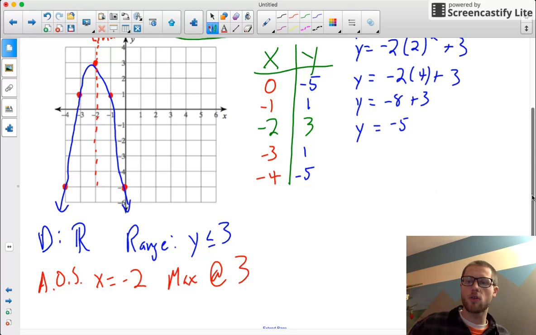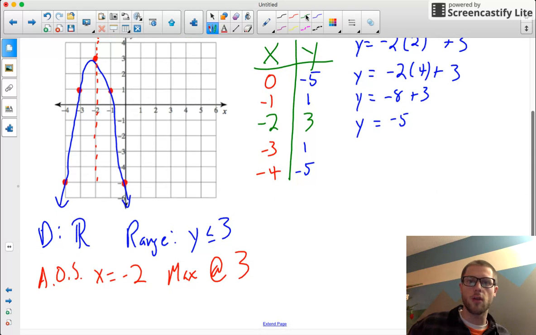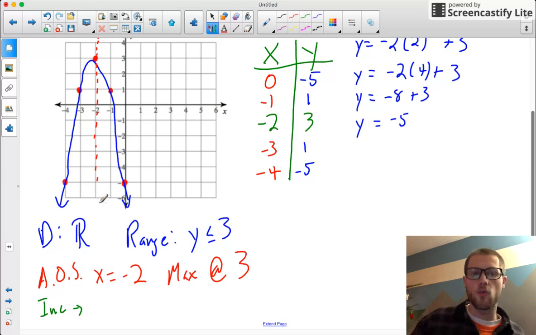And then as far as increasing, decreasing, I could also describe those two things. Let's see, if I'm talking about when the graph is increasing, I want to imagine that I'm riding the roller coaster that is this parabola, and when am I going up? Well, if I start over here, I'm going up, I'm increasing, I'm increasing, I'm increasing, and then boop, I stop increasing here. So how do I describe everything from the left of this point?